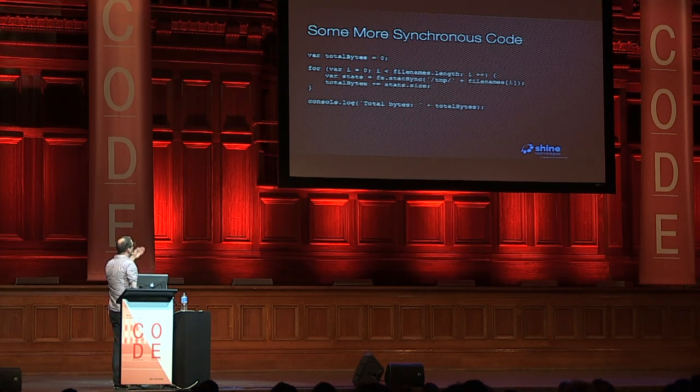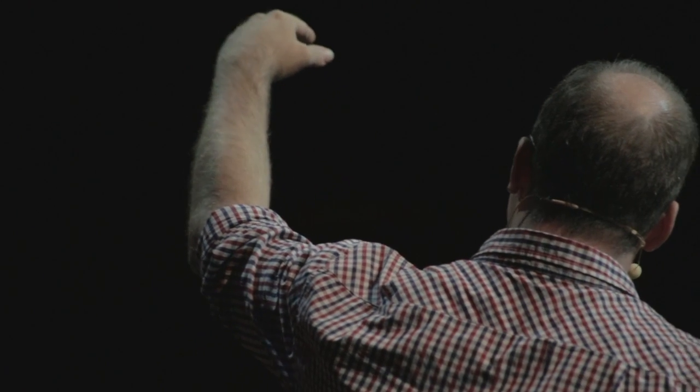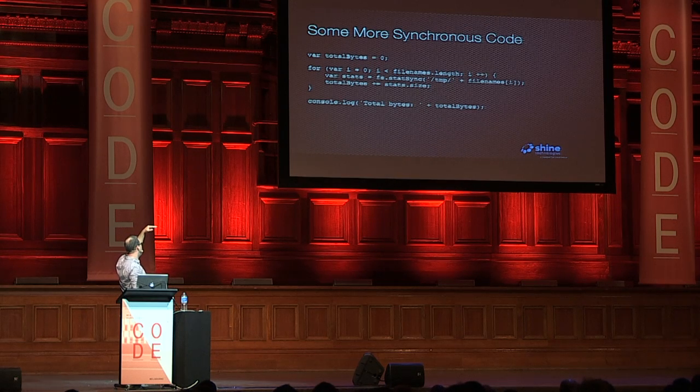And that would be our synchronous code. So here we have a loop, and the loop stops each time it hits that synchronous code, waits for a very long time until it gets a stat back, and then counts up the total number of bytes.